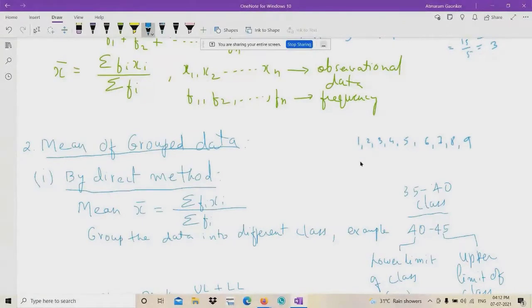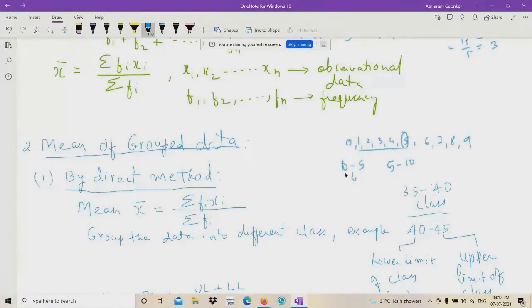So if I am grouping between 0 to 5, and then the second one is 5 to 10. So you see how many are there with 0 to 5? Actually, I'll start with 0. Actually there are 1, 2, 3, 4, 5, 6 observations, but 5 is not considered. So only 5 are there.